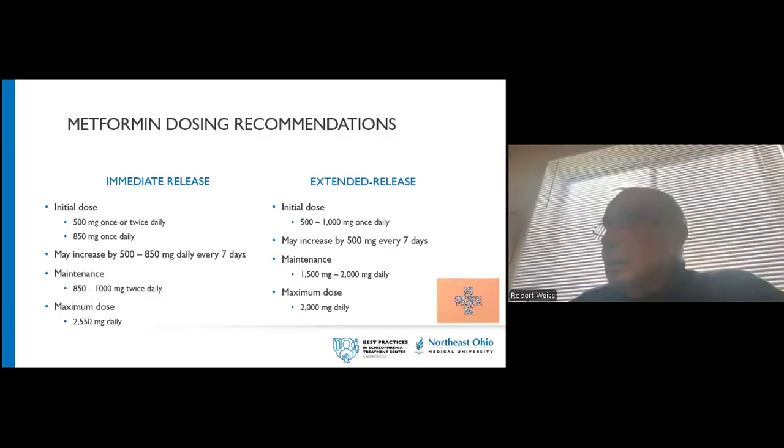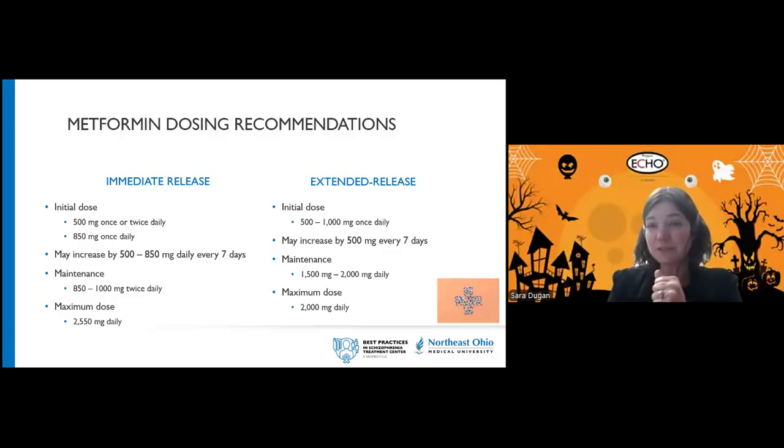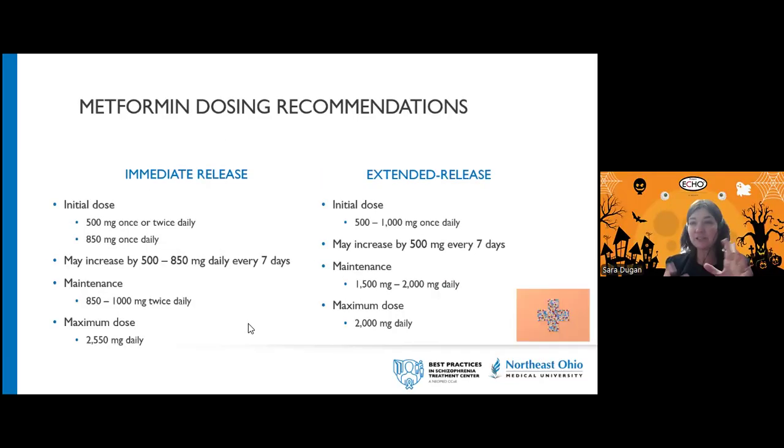In some cases, they'll try to crack it in half and use 250 milligrams once daily. Again, just trying to manage those gastrointestinal effects. In other cases, it could be started as high as either 500 twice daily or 850 milligrams once daily.